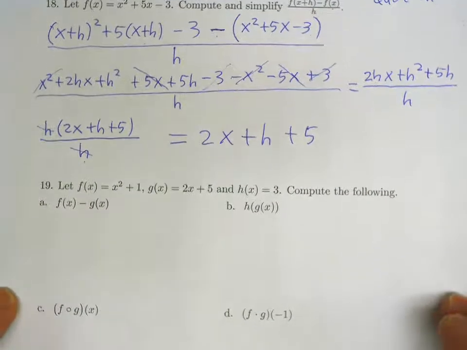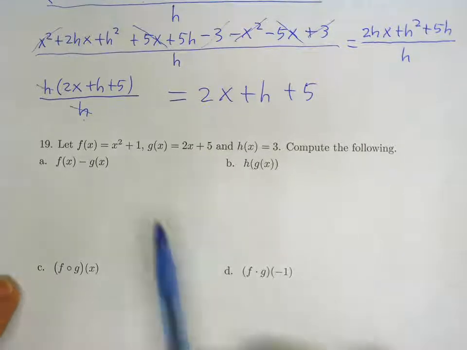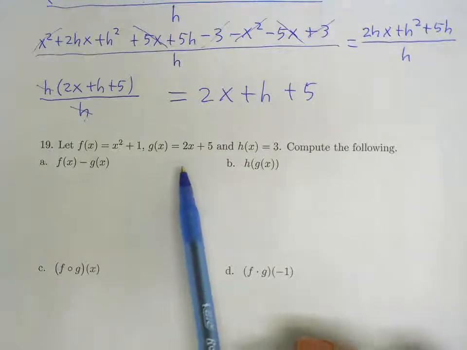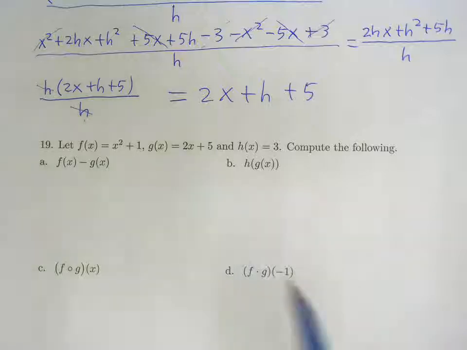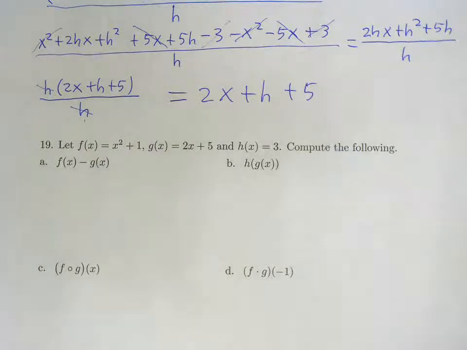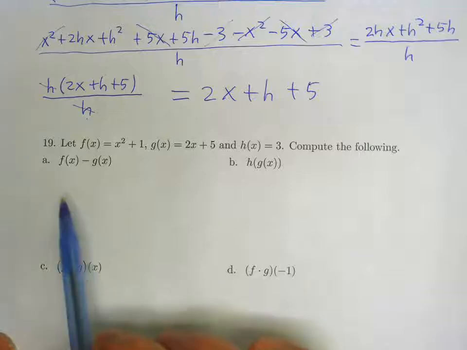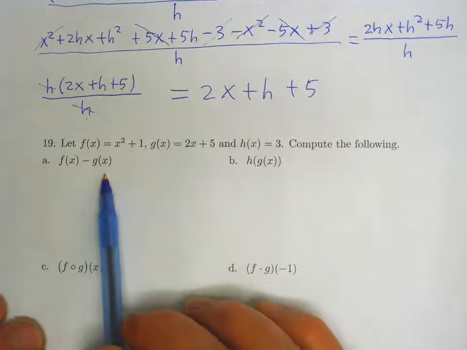Okay, number 19. We're given f of x equals x squared plus 1, g of x equals 2x plus 5, and h of x equals 3. Compute the following. So f of x minus g of x.